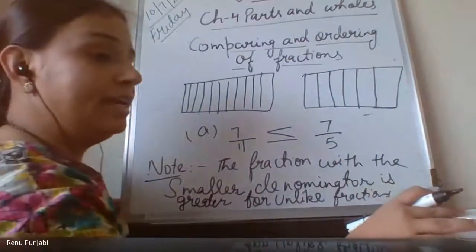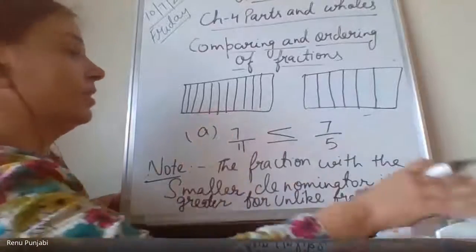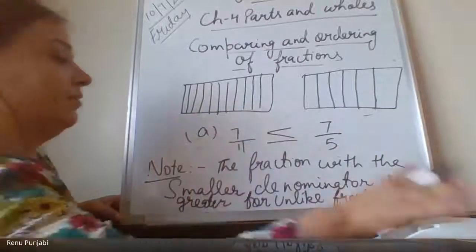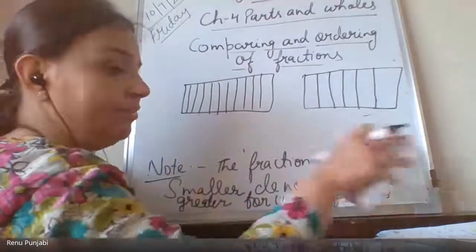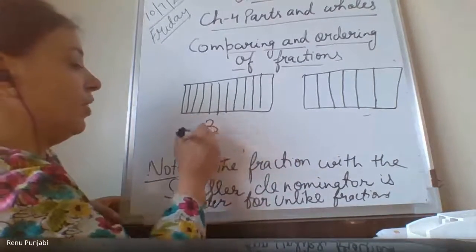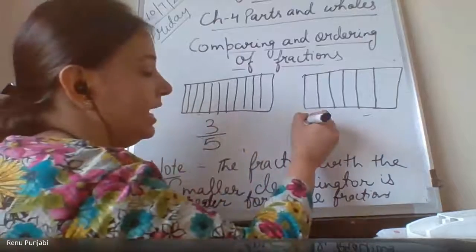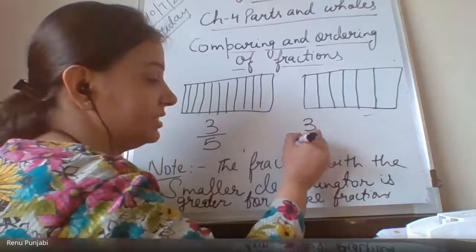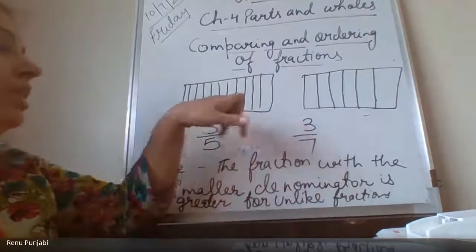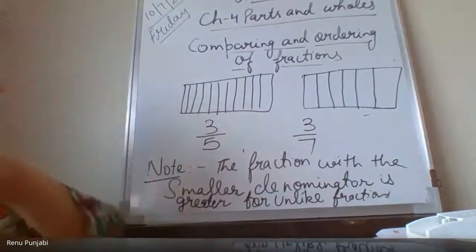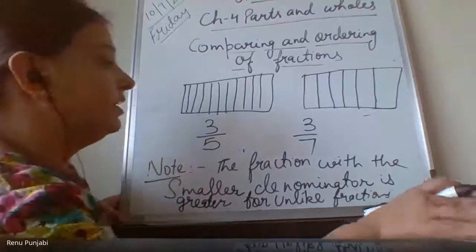Now here we will take another example. See, if I have a fraction 3 upon 5 and a fraction 3 upon 7, here also both the numerators are same, but the denominators are different.